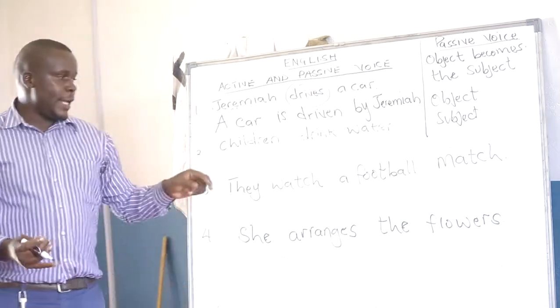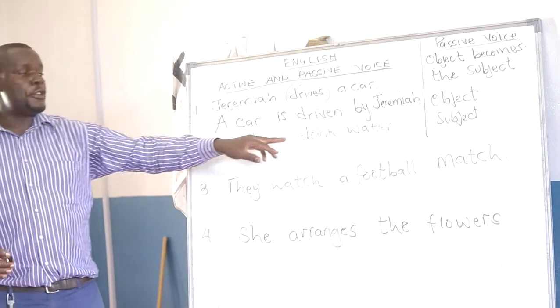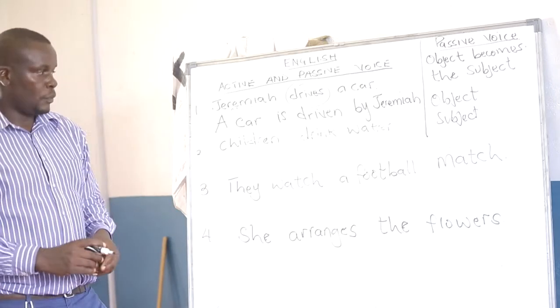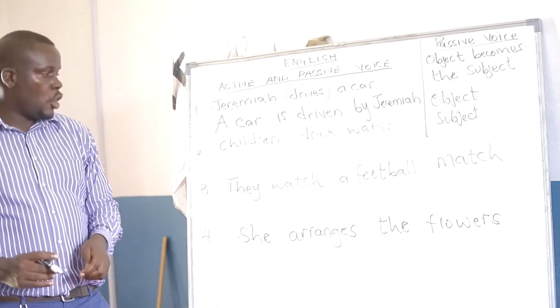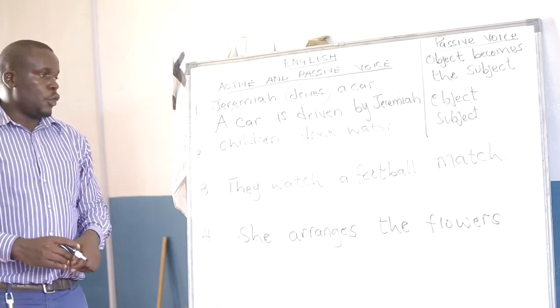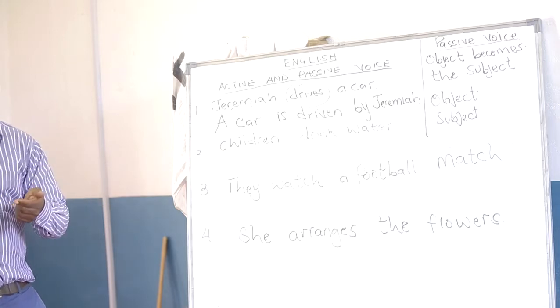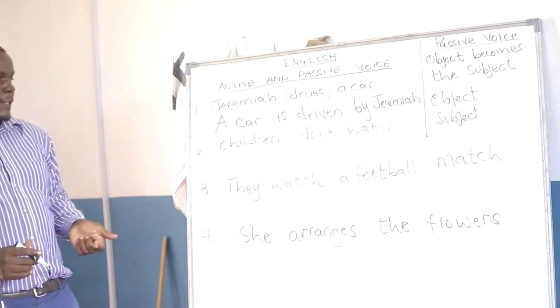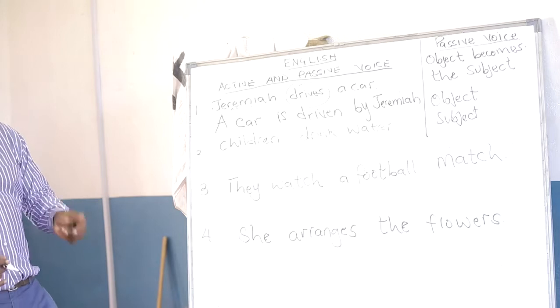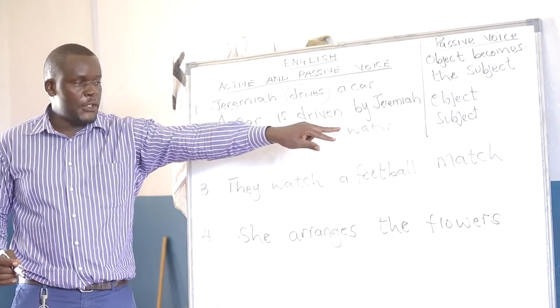So let's go to the second sentence. Children drink water. Children drink water. So you can realize that this sentence is also in a simple present tense. Children drink water. So our object is water.